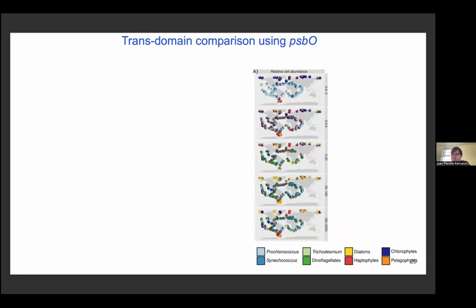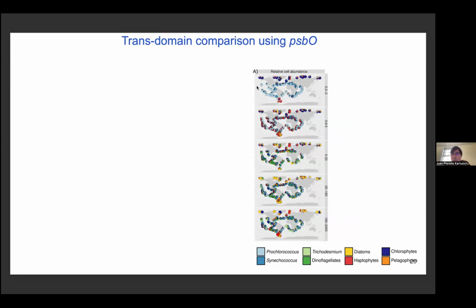Here I am displaying the biogeography: in the upper map, the smaller size fraction, and in the lower map, the larger size fraction, and there are some patterns that make sense.